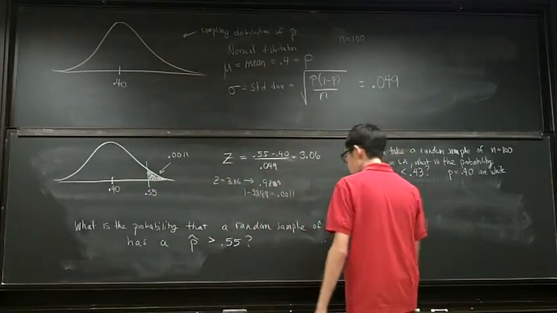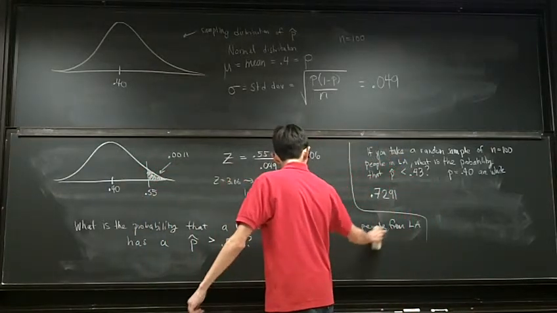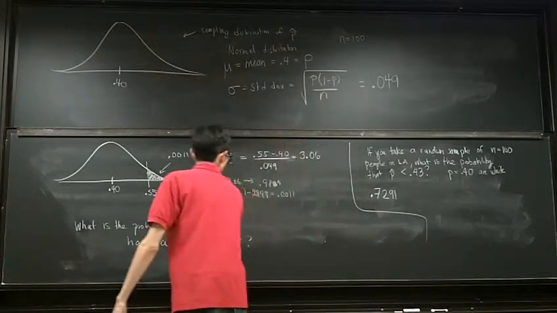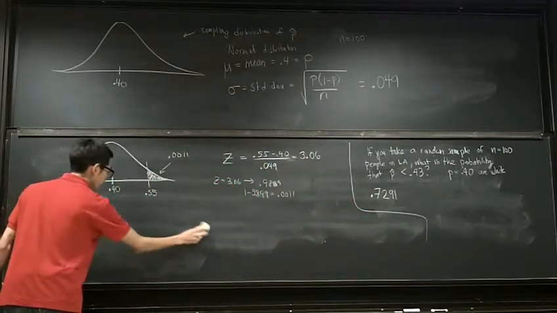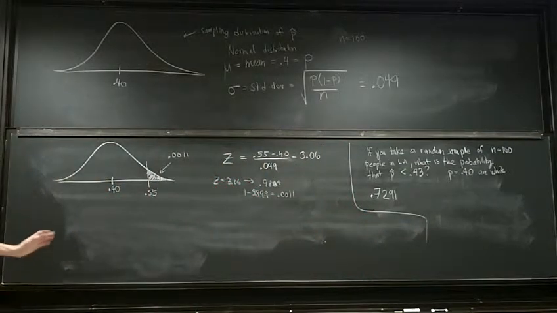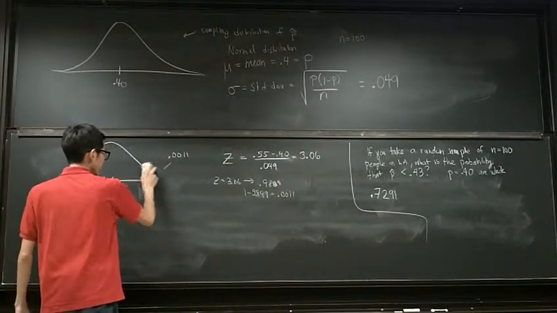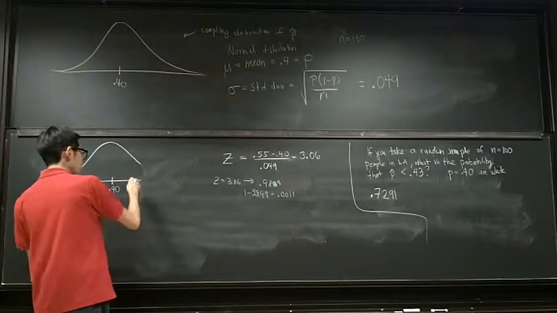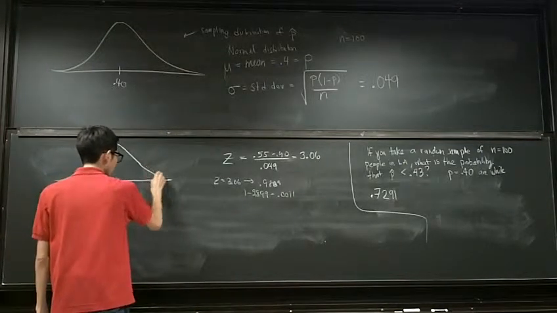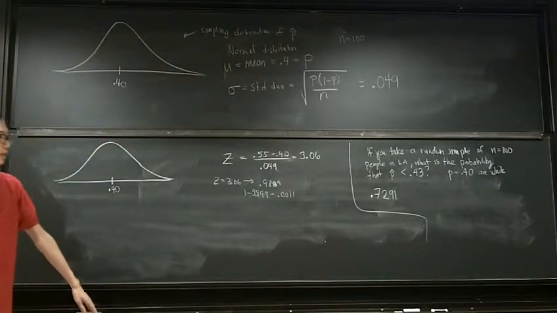So how do I answer this question? We're still dealing with a sampling distribution because we're talking about p hat, right? What is my mean?